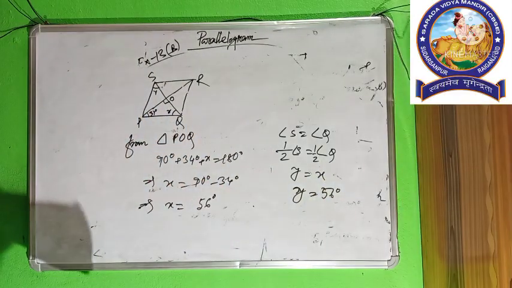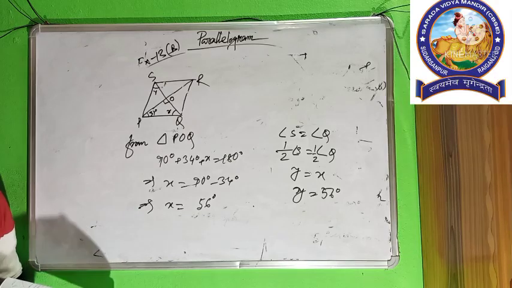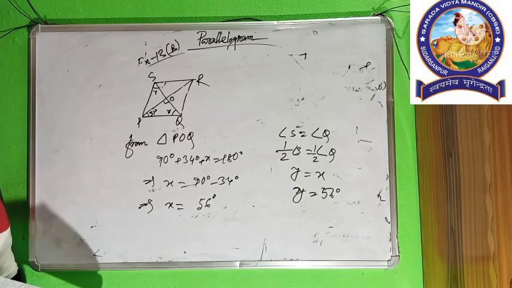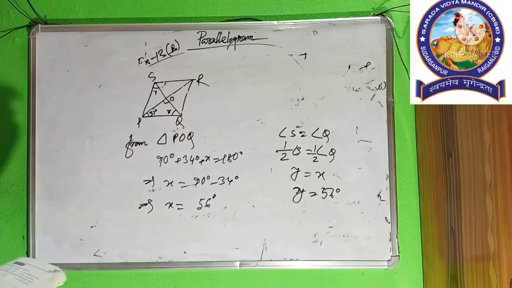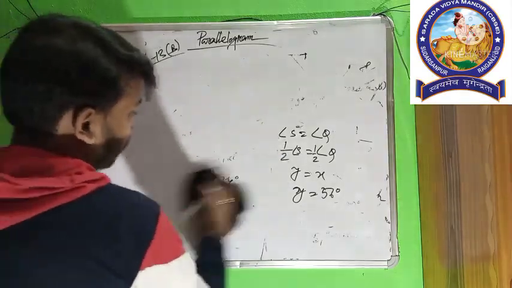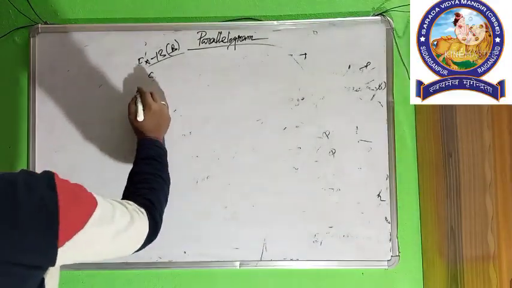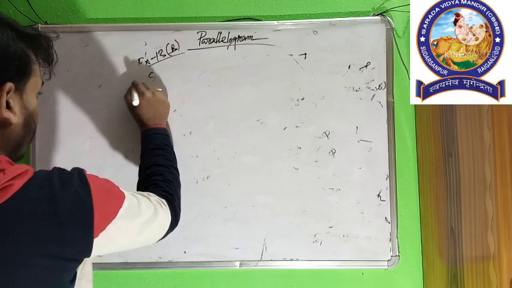I think everyone understood. Okay. Number 4. A square is given.